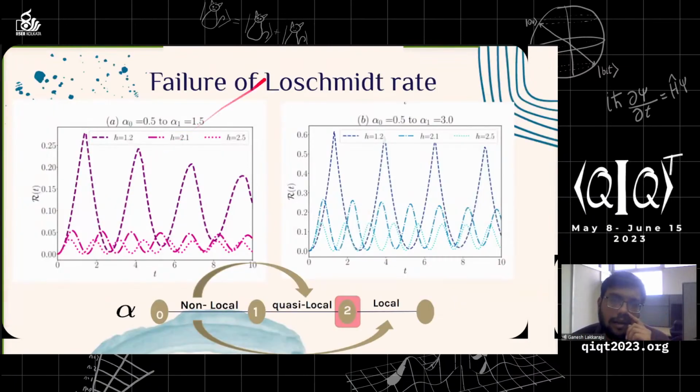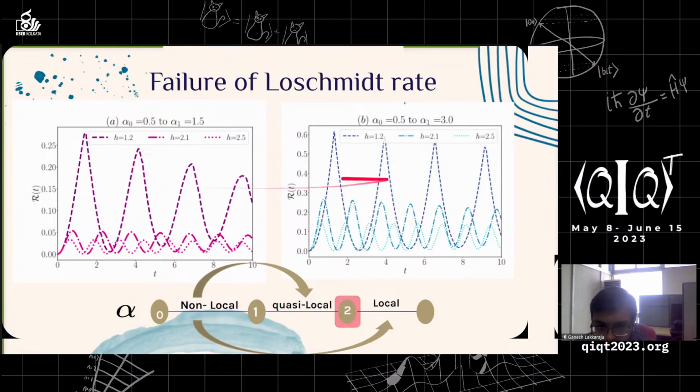In that, we'll do the normal Loschmidt rate. If I start from 0.5 and go from 0.5 to 3, there are transition points. But if I go from quasi-local to local, although I am crossing a transition point, the Loschmidt echo cannot detect this alpha equal to 2 point.